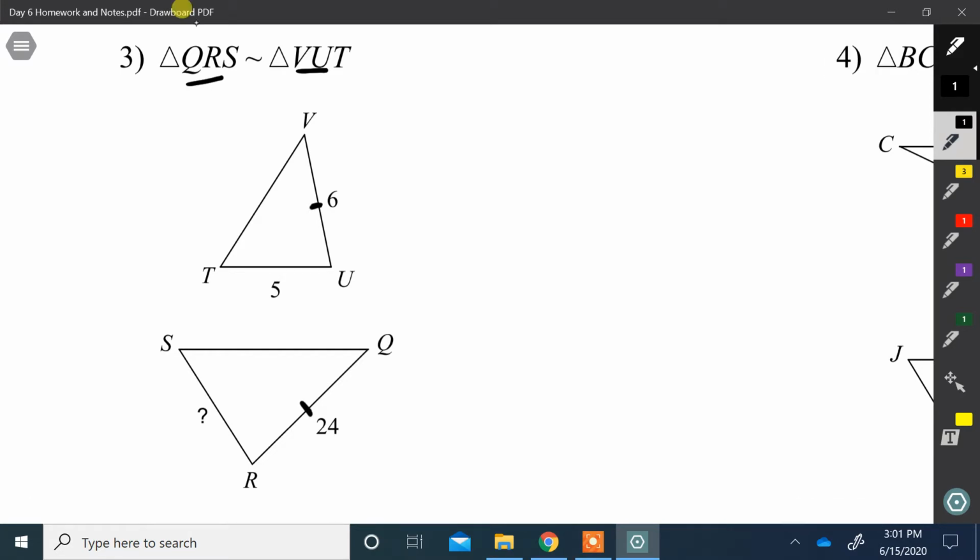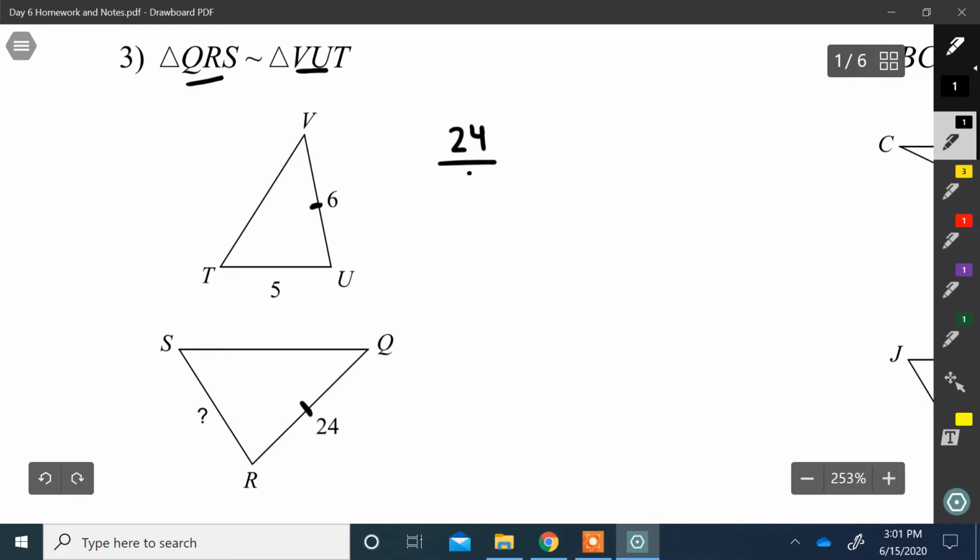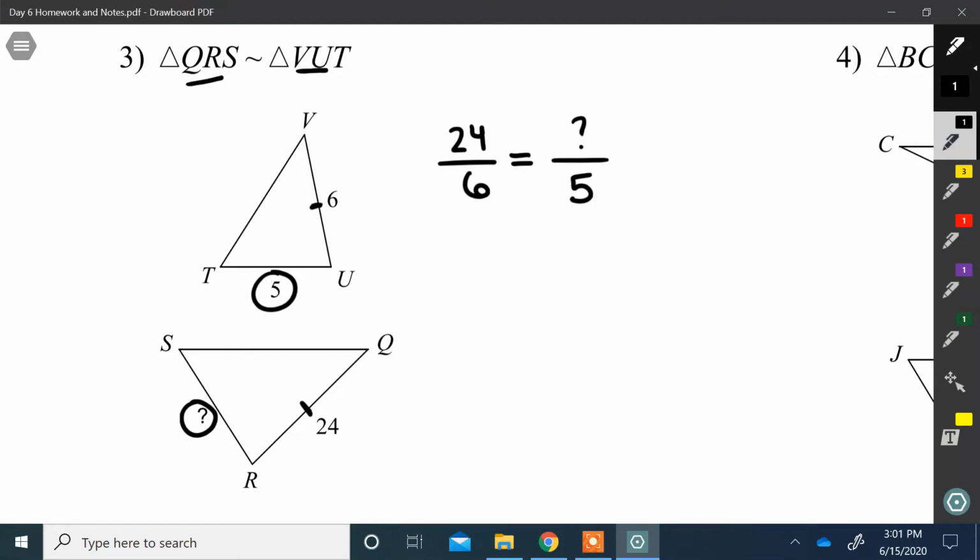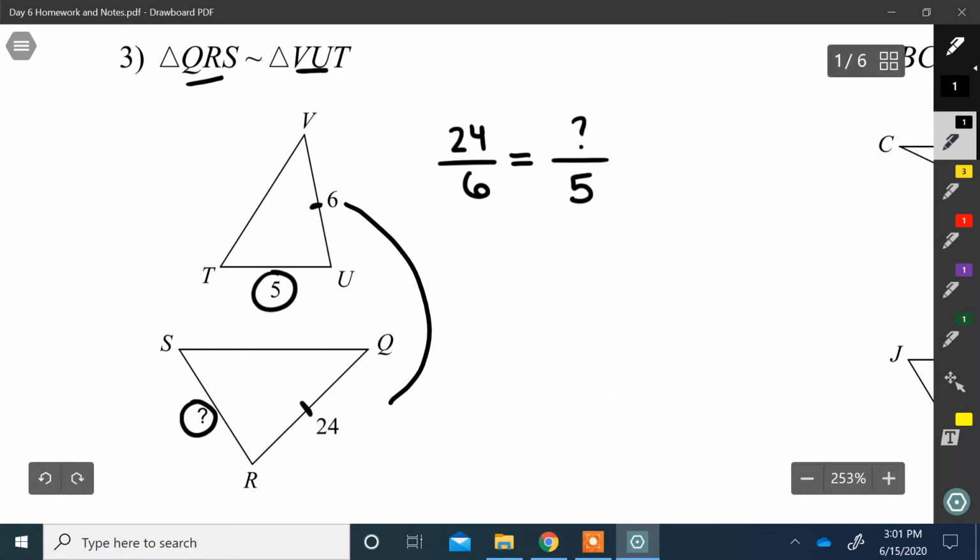So that means that 24 over 6 is going to equal question mark over 5.